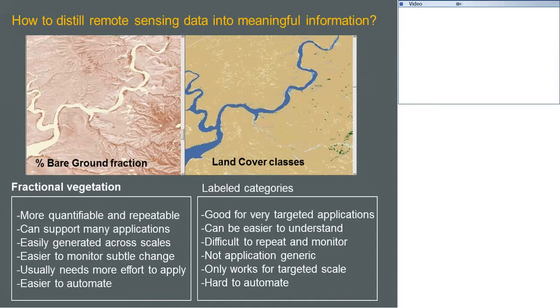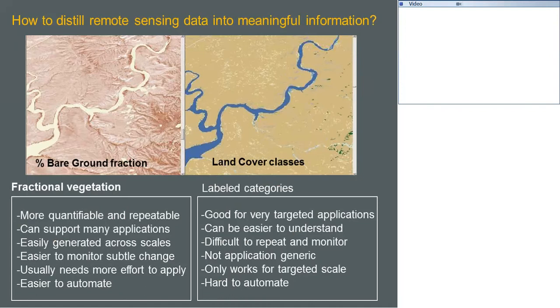So those are the set of criteria that we went in a few years ago to develop our method. One other remote sensing perspective is if you've been in the business very long, there's two fundamental ways to categorize that information you're seeing. One is classes or categories, and the other is called fractional veg, which is a more subtle continuous field way to characterize it. I'll talk more about that in a minute. But I just wanted to point out there's advantages and disadvantages for both approaches.